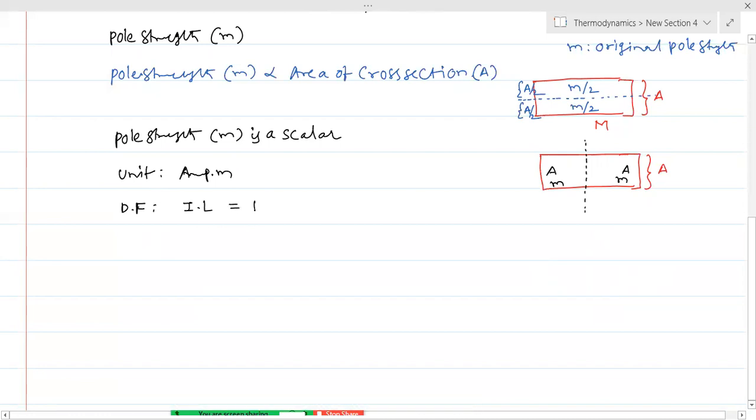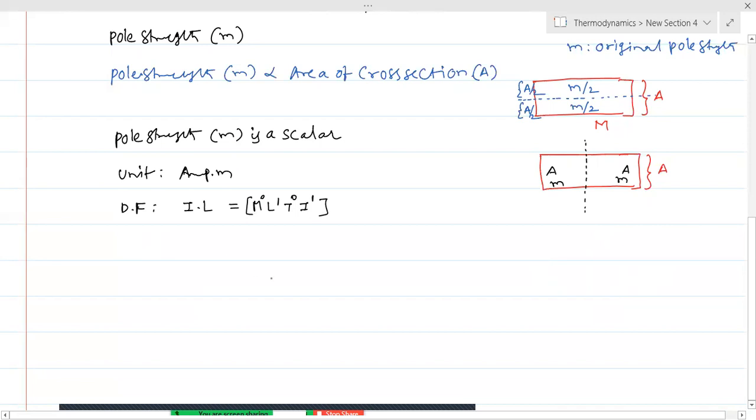Or it can be written as M power 0, L power 1, T power 0, I power 1. So this will be the dimensional formula of pole strength.